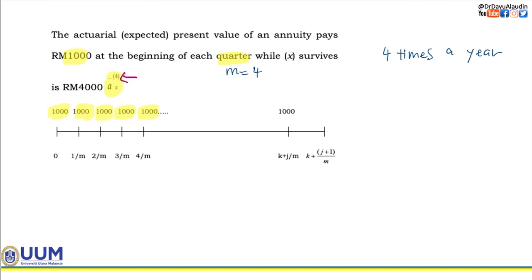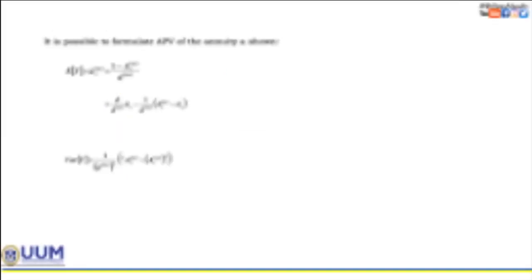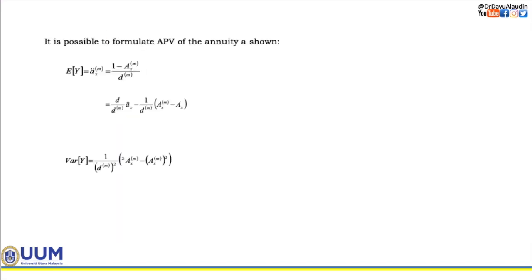And the payment is 4 times 4 each year, and it starts from 0 since it is due. And this is for the actuarial present value, or the expected value of Y.